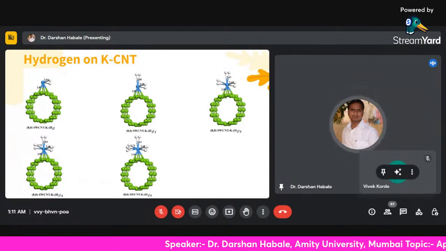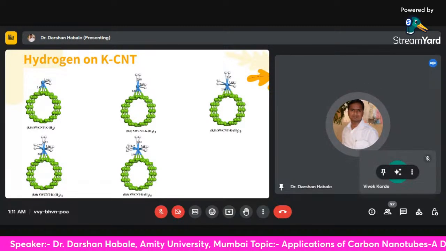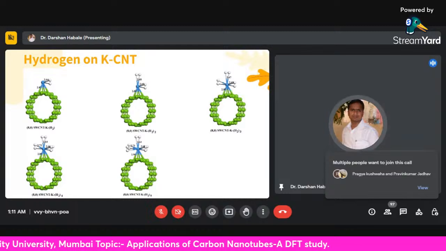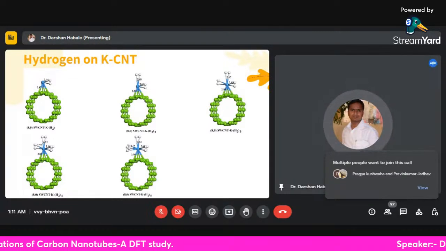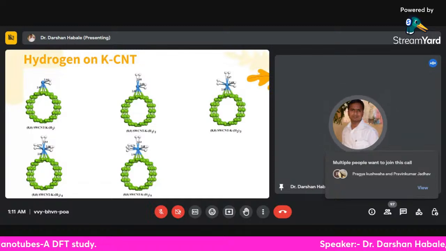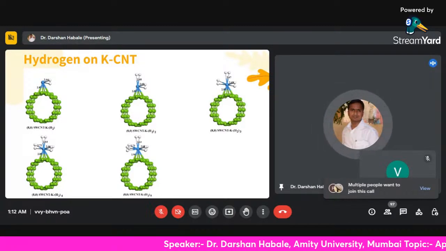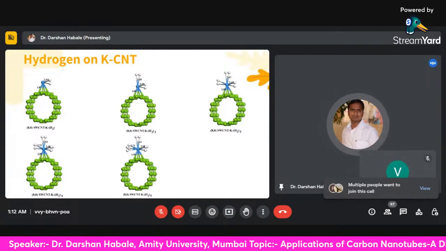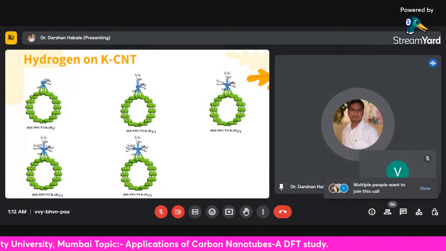This is one hydrogen molecule adsorbed at a distance of 2.64 from potassium. Now we keep adding hydrogen molecules: two, three, then 4 and 5. This is the maximum possibility. This structure, 80 SWCNT with potassium, can adsorb a maximum of 5 hydrogen molecules.